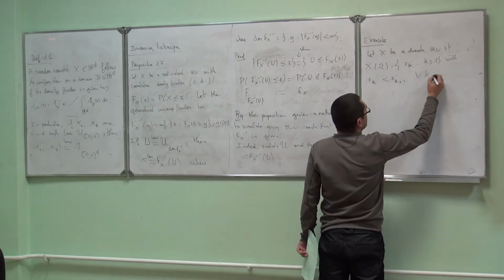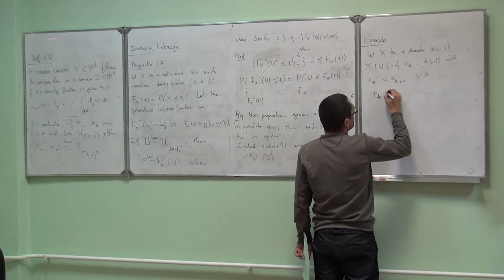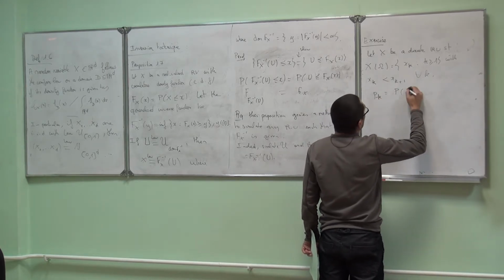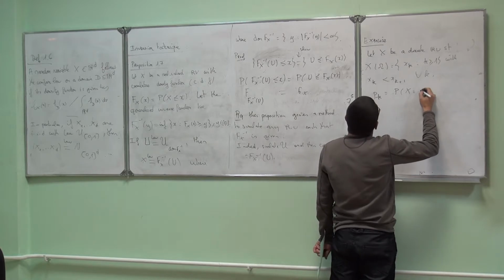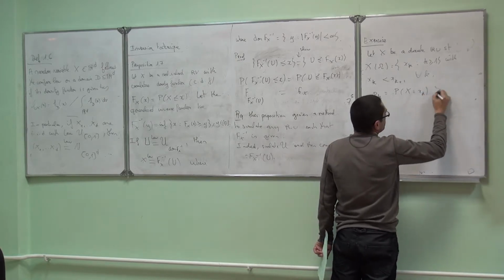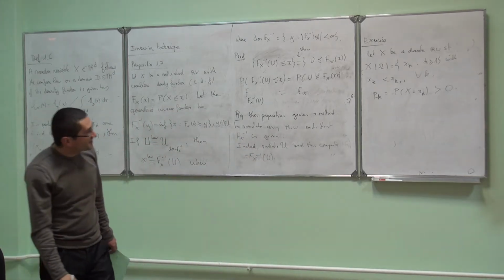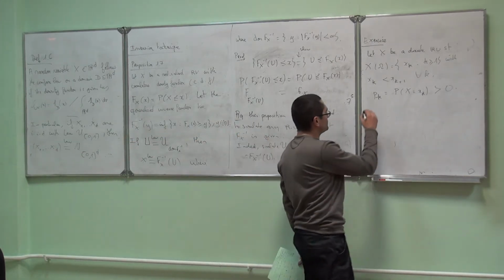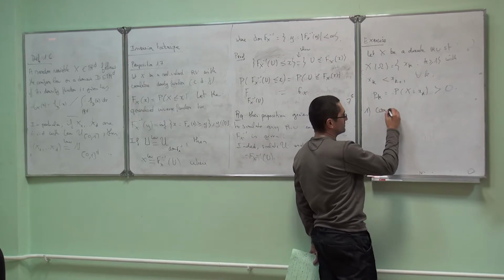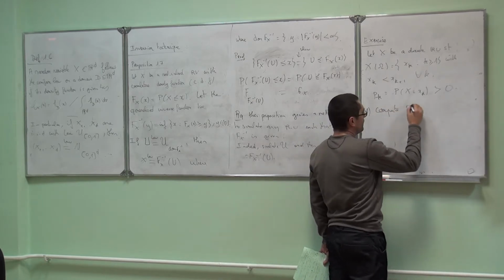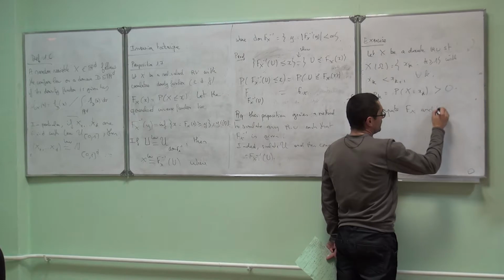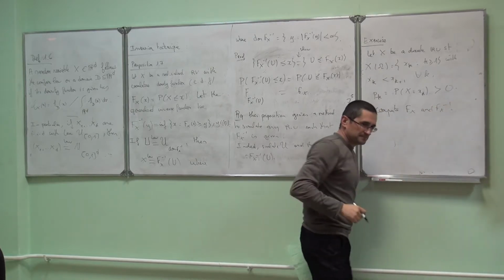And we denote pk the probability that X equals xk. I suppose without loss of generality that pk is strictly positive. Okay. So first question: compute Fx and Fx^-1.